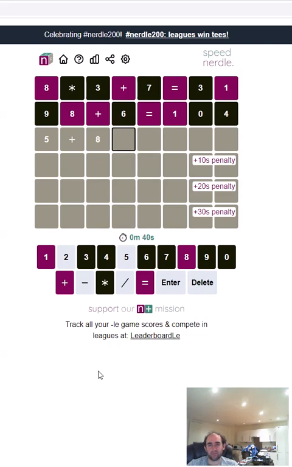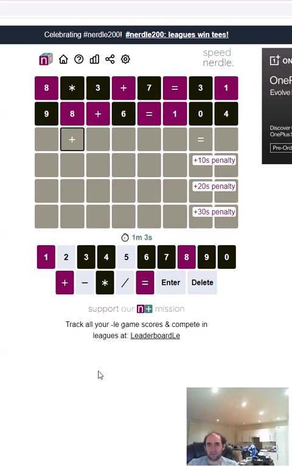Divided by 1, that would be equals 13, which can't be correct. Oh, and in fact, the equals is going to have to be there. So that's going to have to be 5 plus.